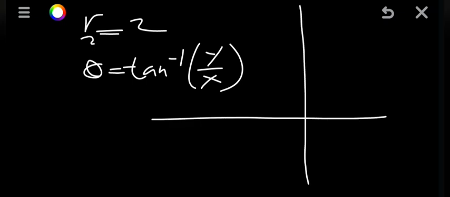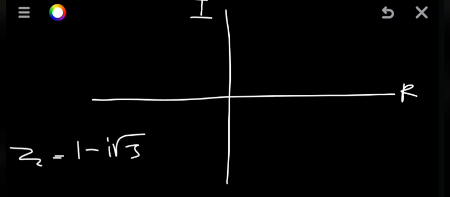So let me try to draw what we have here. Okay, let me just erase this part and then draw it somewhere here. So this one is the real part and this one is the imaginary part.